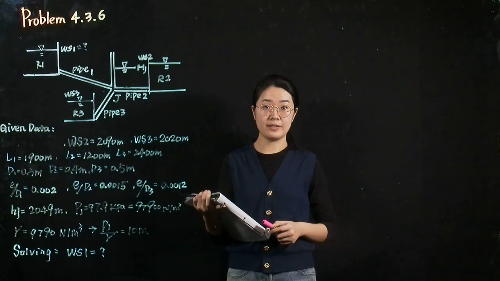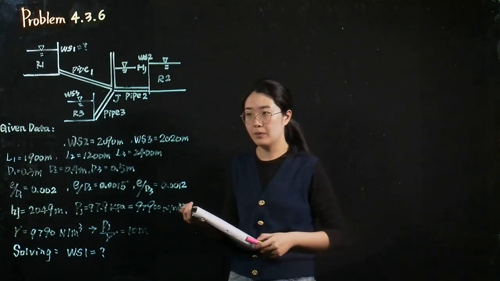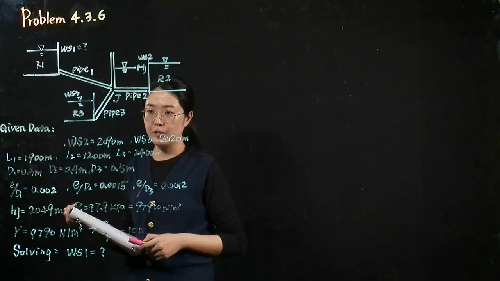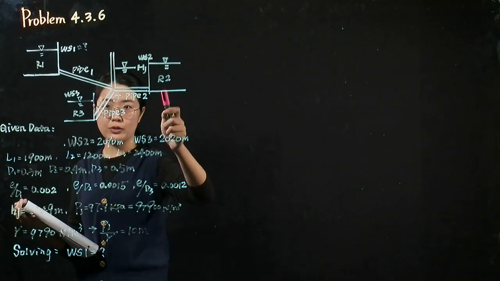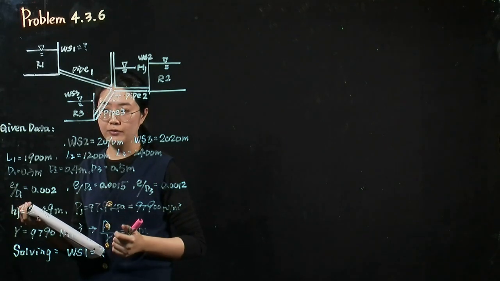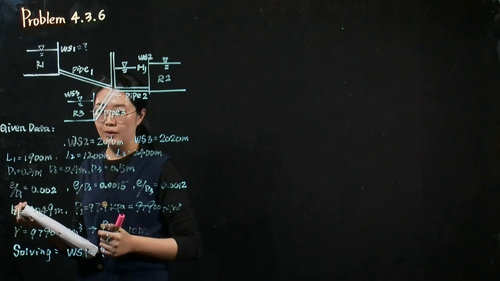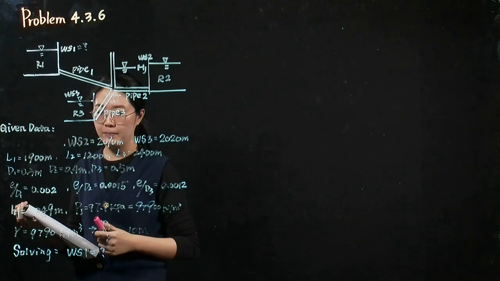The problem 6 is also a 3 reservoir problem. In the problem 6, it provides us information about the elevation of the water surface in reservoir 2 and 3. We know the length and diameter of the pipe, and it also provides us the roughness. Then we can calculate the relative roughness in each pipe.